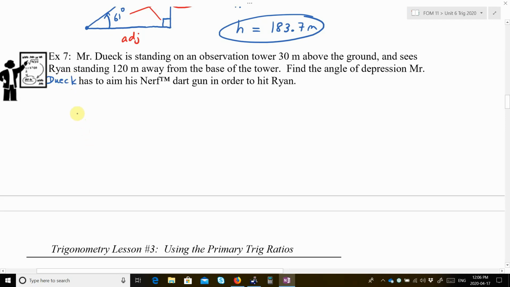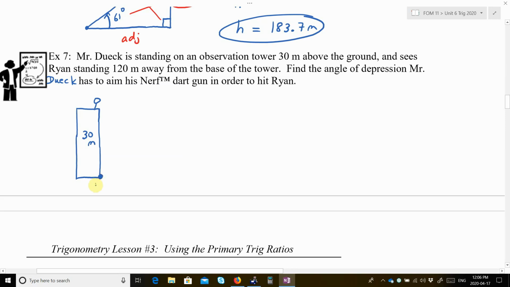Okay, so let's draw a little picture of this. We have an observation tower. So Mr. Dewick is standing on an observation tower 30 meters above the ground. So this is 30 meters. And sees Ryan standing 120 meters away from the base of the tower.